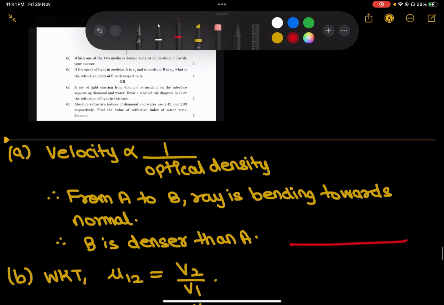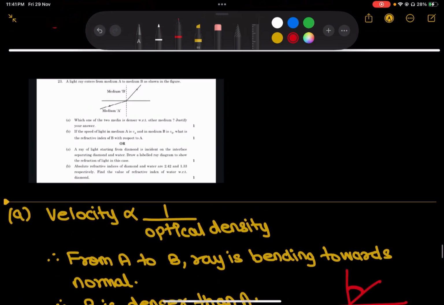So this angle is greater than this angle, hence it is bending towards the normal. Understood? From A to B, the ray is bending towards the normal.